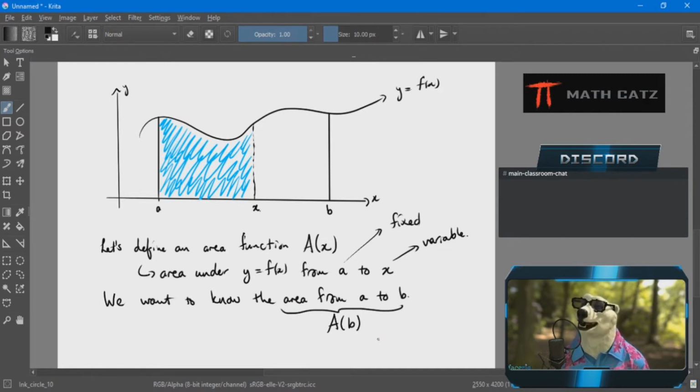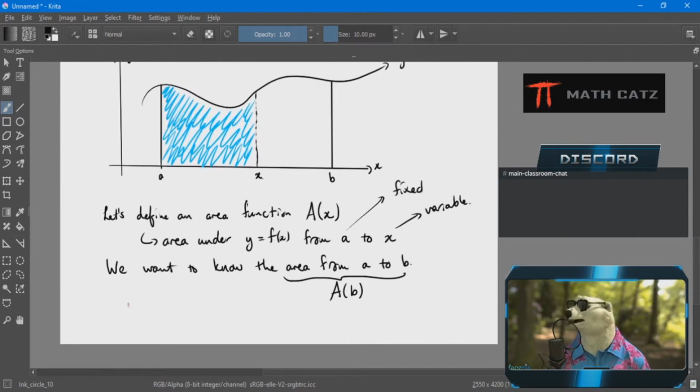So ultimately, I'm making this function so that I have something to explore, but ultimately, I'm only interested in plugging in the b once I've figured out what this function is. But I can't do that until I know more about this function.